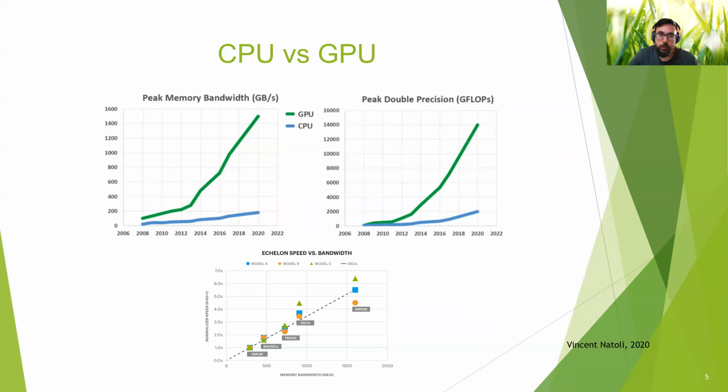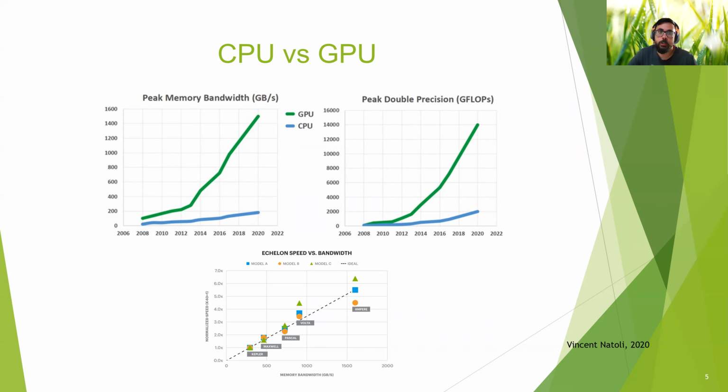If we compare performance of CPU and GPU directly, we could use two most important characteristics: peak double precision and peak memory bandwidth. Peak double precision tells how fast devices can crunch numbers, and peak memory bandwidth tells us how fast we can deliver those numbers from operating memory to the computational device.